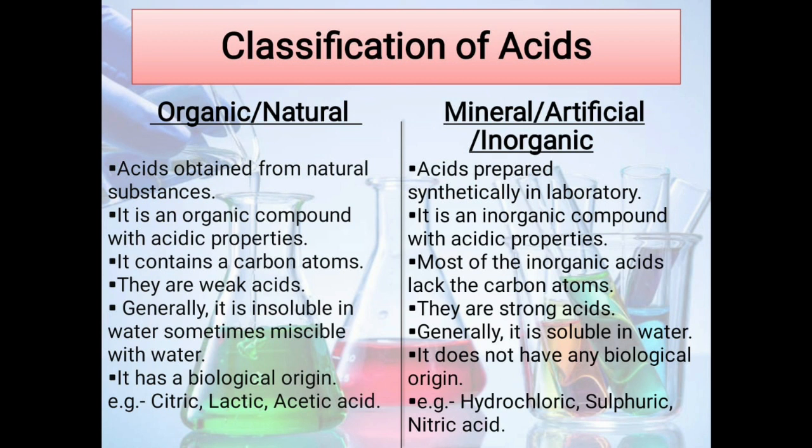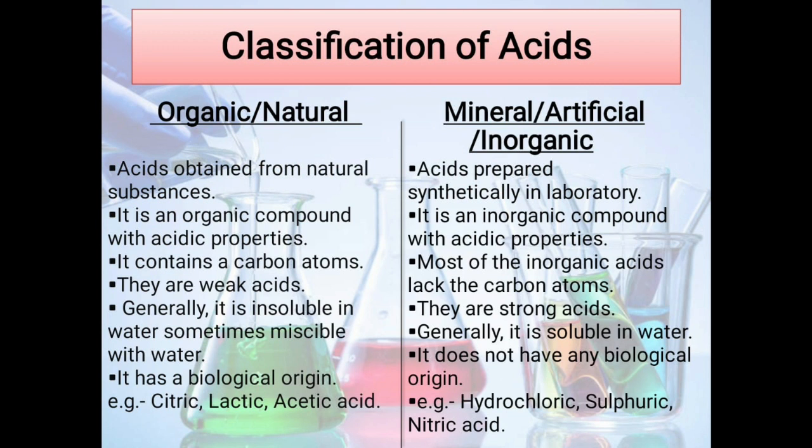Whereas mineral or artificial or inorganic, three terms for one acid. Mineral because these are prepared from the minerals of the earth. Artificial because they are prepared synthetically in laboratory and are also known as laboratory acids.